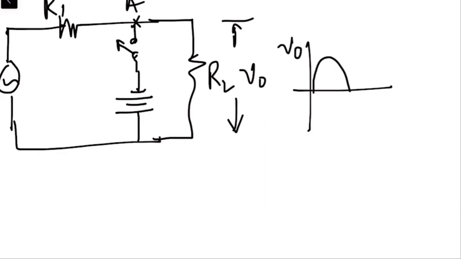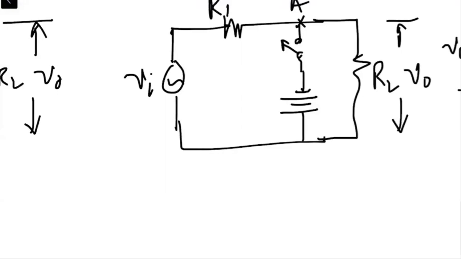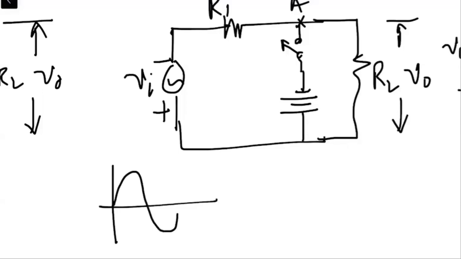Now, when the negative half cycle comes, this means this end is now held at negative, this end is now held at positive. And when the negative half cycle comes, we are now in this cycle, right? Now, when we are in this cycle, again, this end is now positive.